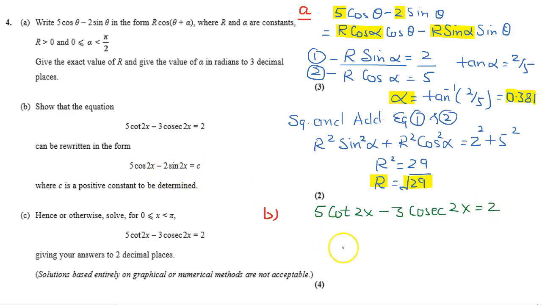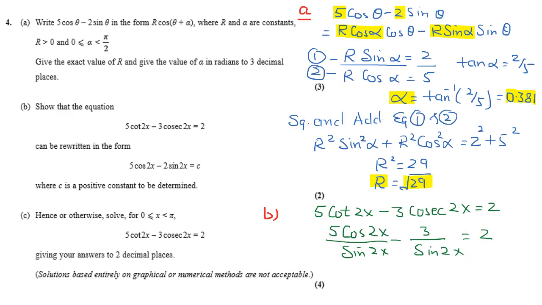We have to convert it to sine and cos, so it will be 5 cos 2x over sin 2x minus 3 over sin 2x is equal to 2.